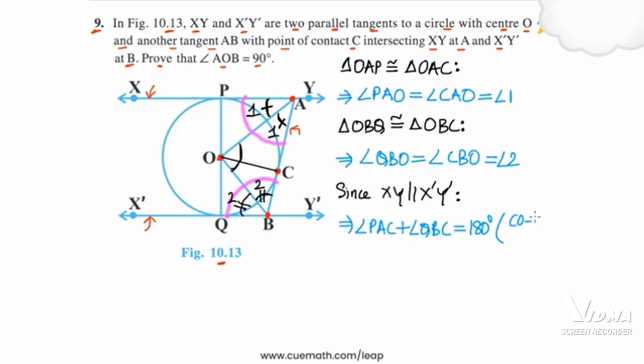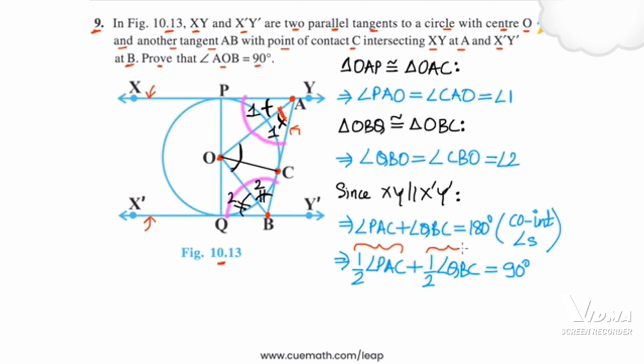Well, simply because these two angles form a pair of co-interior angles. Okay, and this means that if you multiply both sides by half now, half of angle PAC plus half of angle QBC will be equal to half of 180 or 90 degrees. But what is half of angle PAC? Well, this is simply equal to angle 1, this angle here. And what is half of angle QBC? This is simply angle 2. Correct? So now we can write angle 1 plus angle 2 is equal to 90 degrees.